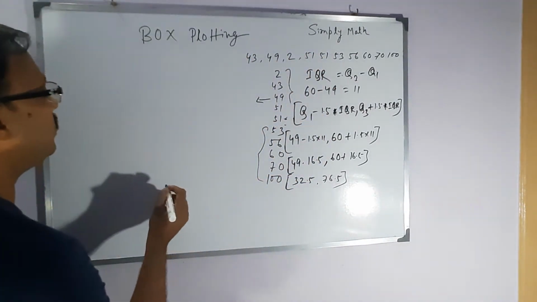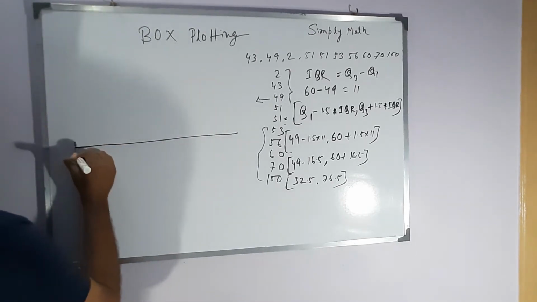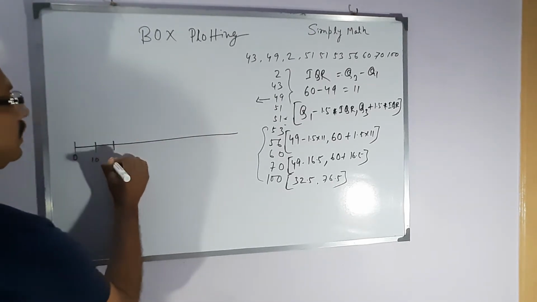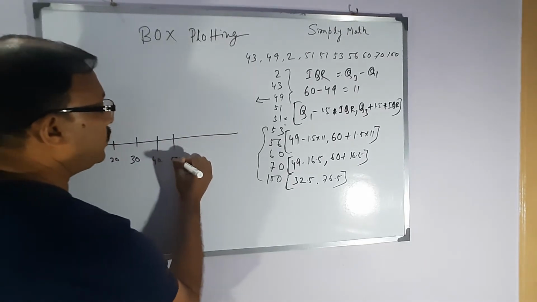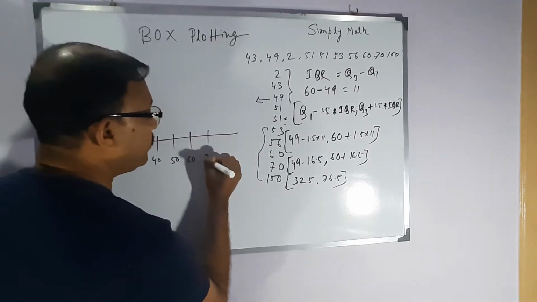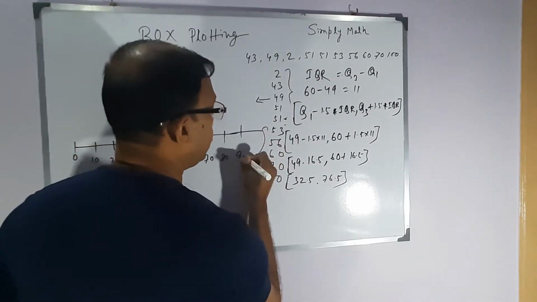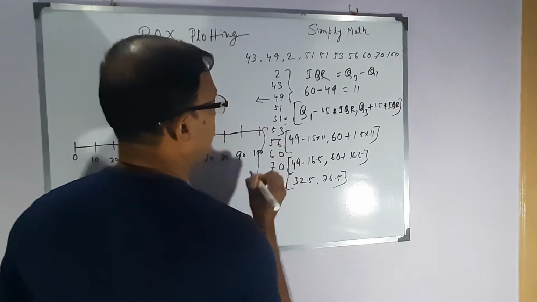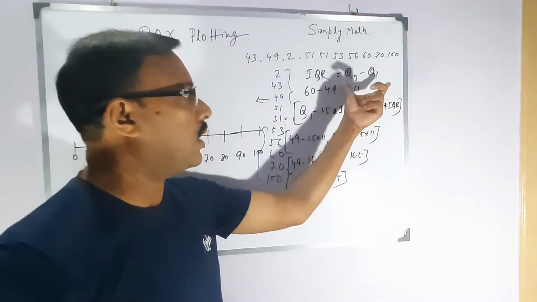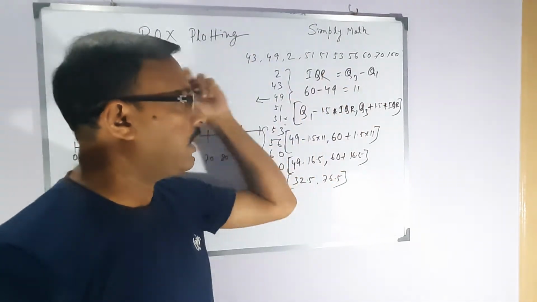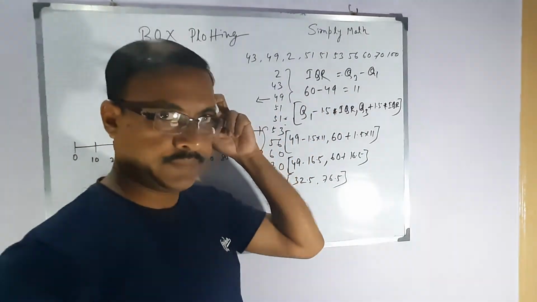What you have to do, suppose in graphical manner, the 0, it's 10, it's 20, it's 30, it's 40, it's 50, it's 60, it's 70, it's 80, it's 90, and it's 100. Right? So first my IQR. What is my IQR? You get the 49 and 60.